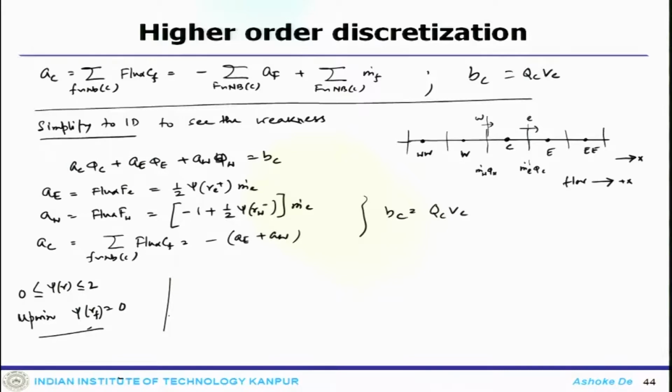The remedy one can adopt is the deferred correction, similar to what we have discussed earlier.